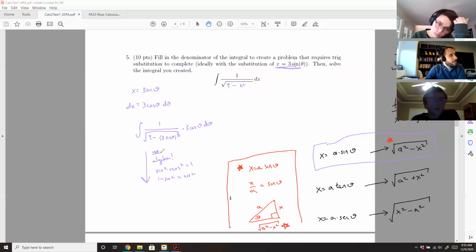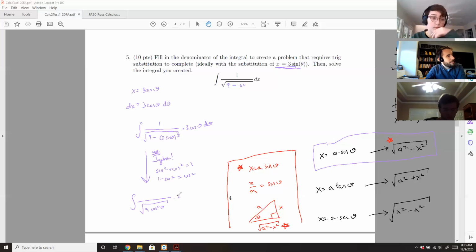So if we do some manipulation and we use these facts, we end up getting that that denominator simplifies down to the square root of 9 cosine squared of theta times 3 cosine theta. That just becomes 3 cosine theta over 3 cosine theta. And of course, those cancel, so this just becomes the integral of 1 d theta, which is literally just theta plus c.